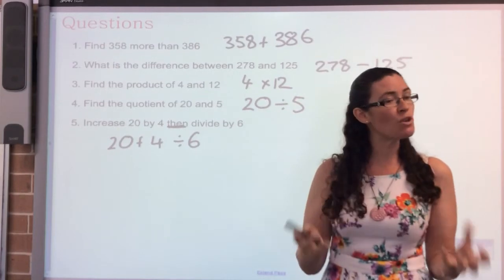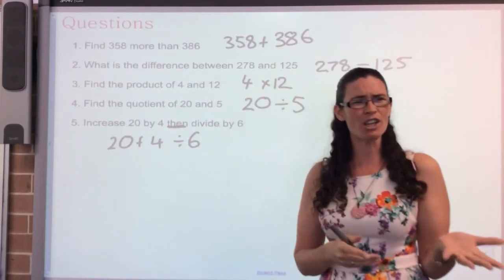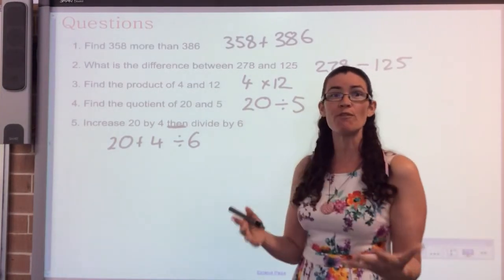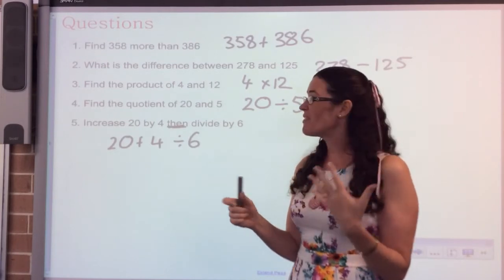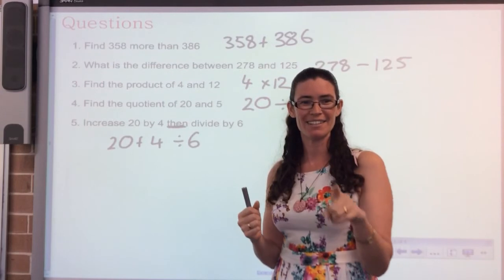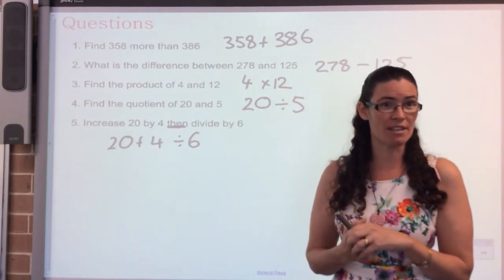Then means there's a certain order. And so I would have to do the plus first. But we learnt that order of operations tells us to do divide first. How could I fix that? But there's a plus in there and a divide. How do I fix it? You put brackets. Brackets would fix this problem, wouldn't it?